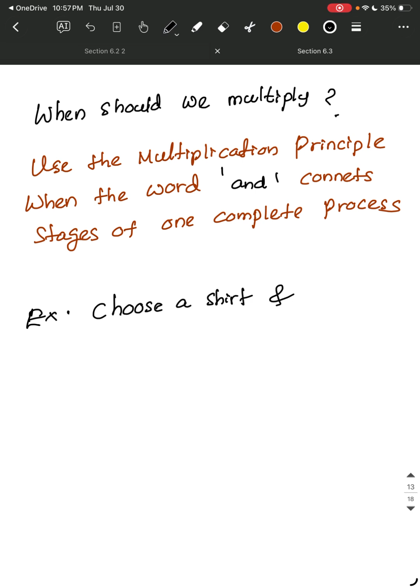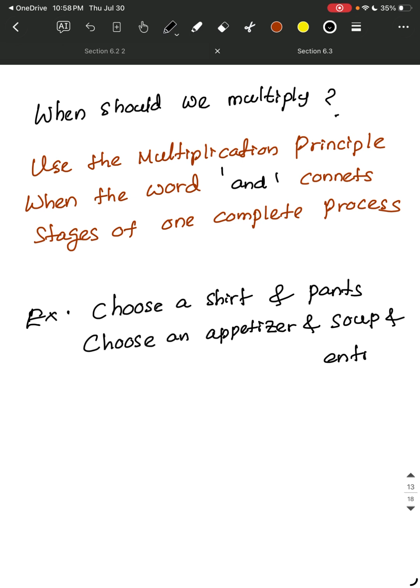Choose an appetizer and soup and entree. Choose a letter and a digit and another letter. Each complete outcome requires one choice from every stage. Right?